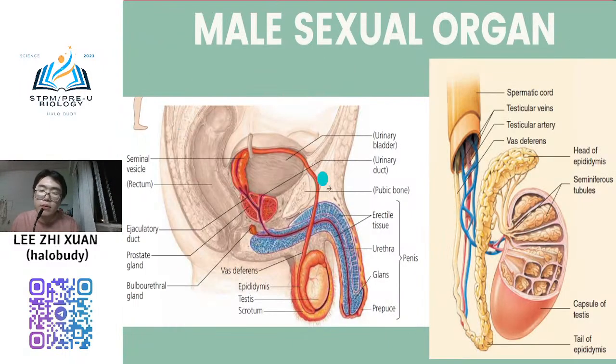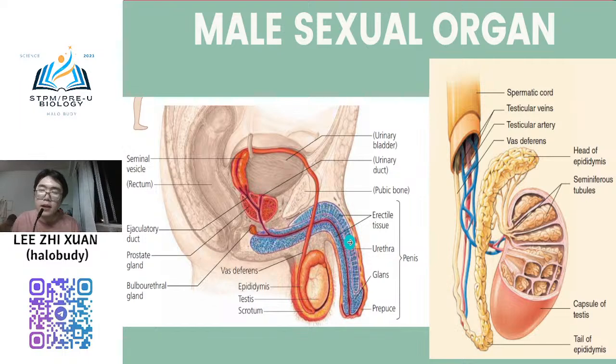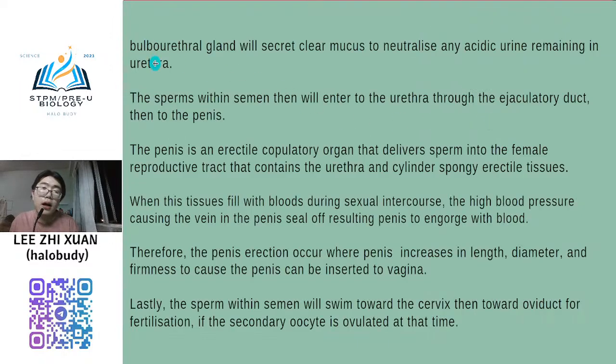So if you know, the passage of the sperm is similar to the passage of the urine in the male structure. The bulbourethral gland secretes mucus to neutralize any acidic urine remaining in the urethra. This is to prevent the sperm from being killed by the acidic component found in the urethra.